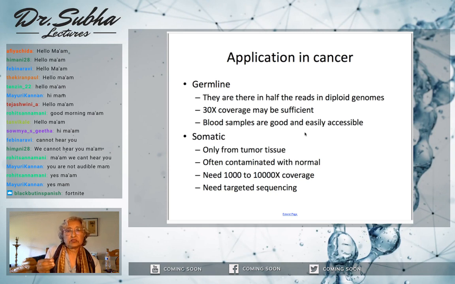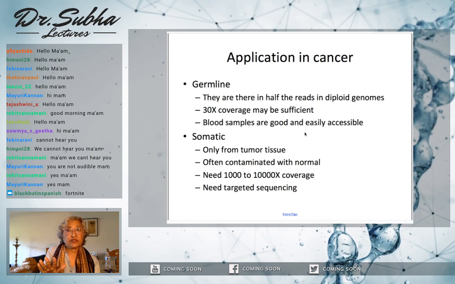Sometimes doctors want to hear, even when the tissue sample has only 5% cancer cells and 95% normal cells, they want to find the mutation because it's going to help the patient. So how do we get them that? 30x coverage will not cover it. Even a single read will not have it.